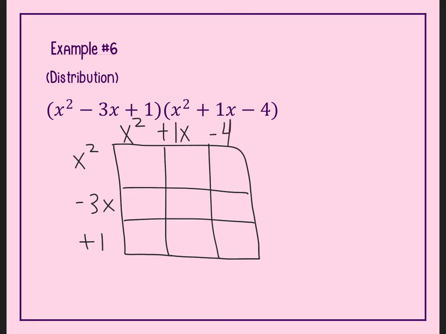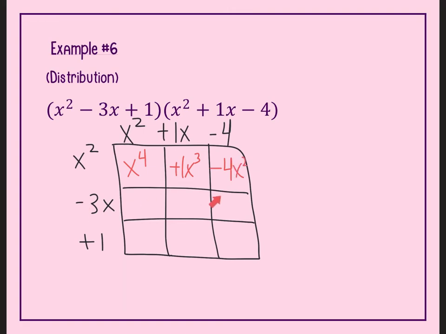So we're going to fill in all 9 boxes before we combine like terms. We're going to take this x squared and multiply it all the way across. x squared times x squared is x to the 4th. Now x squared times 1x is 1x cubed. And the last one is negative 4x squared.